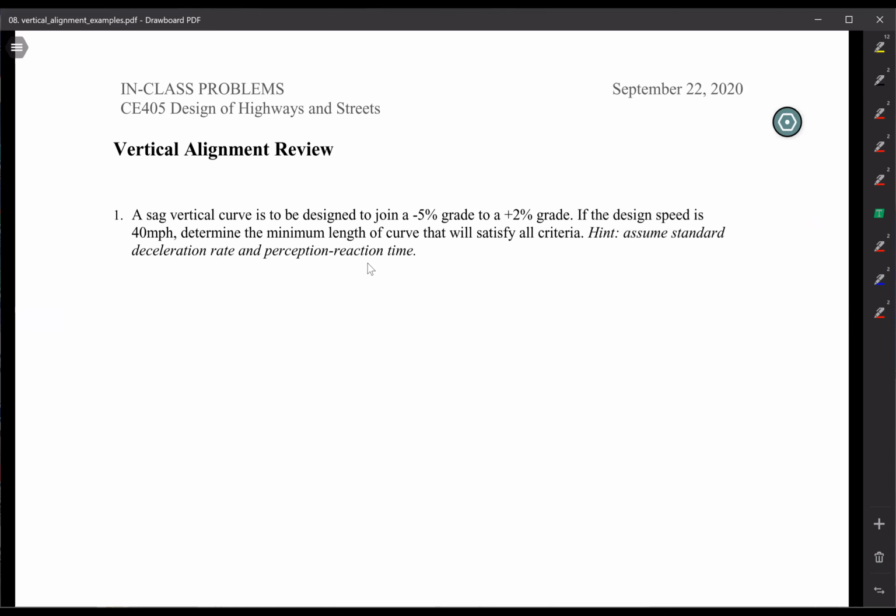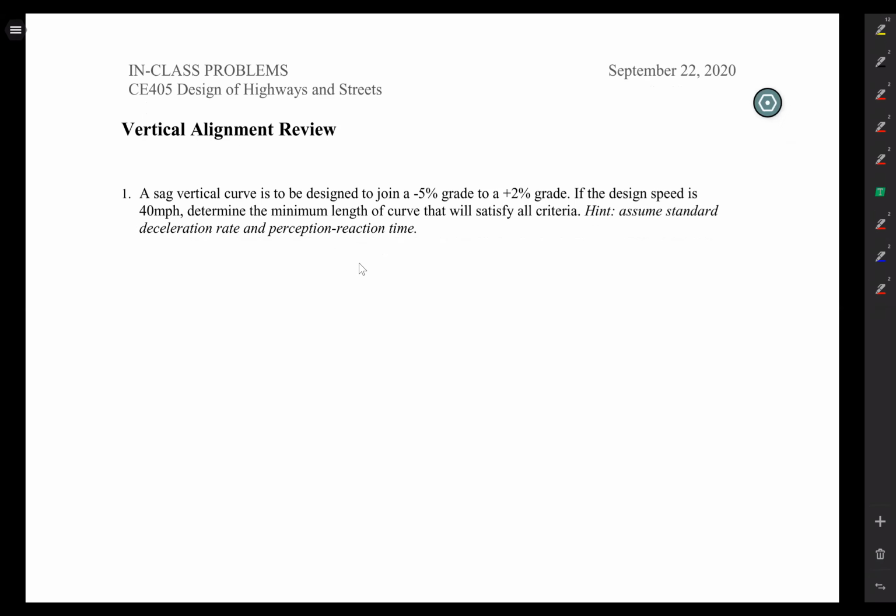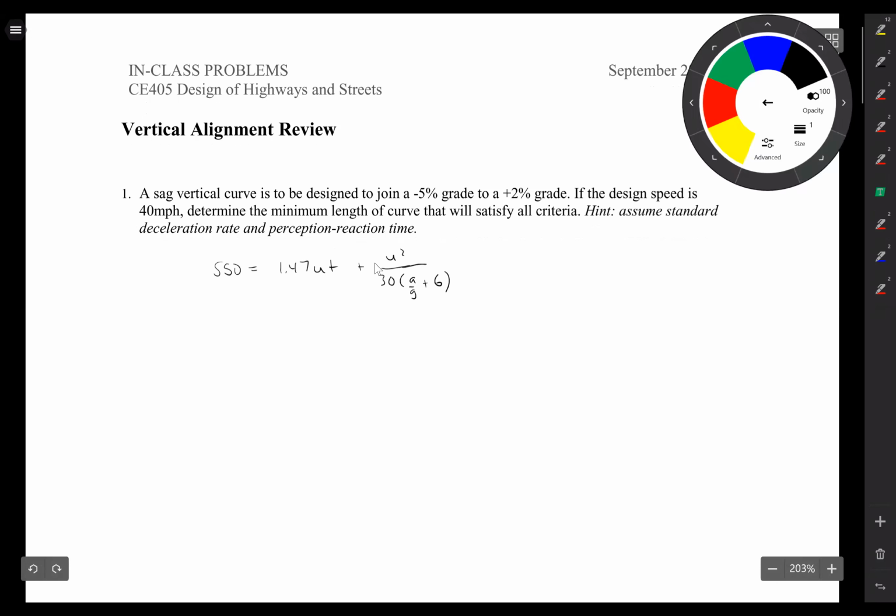So the first thing we want to do here is determine what our stopping sight distance is going to be. So remember that stopping sight distance is 1.47 Ut plus U squared over 30 (A over G plus G).